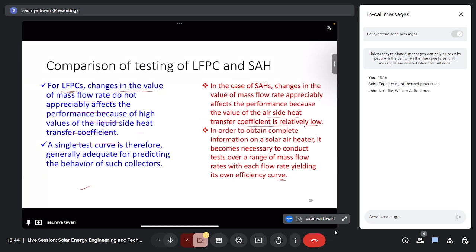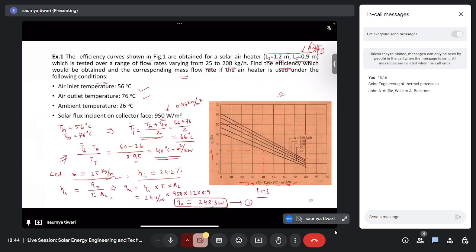Okay, so if you see this problem, this is the solar air heater efficiency curve obtained after the testing. Here is your efficiency, and on the x-axis we have this particular parameter.